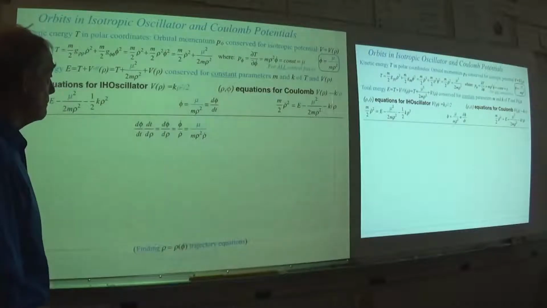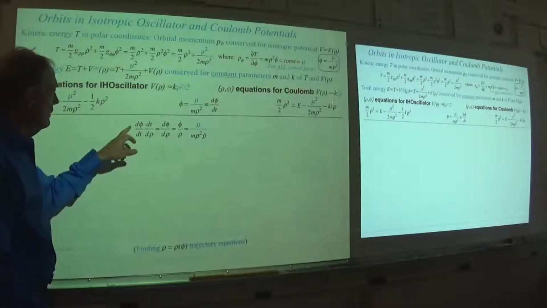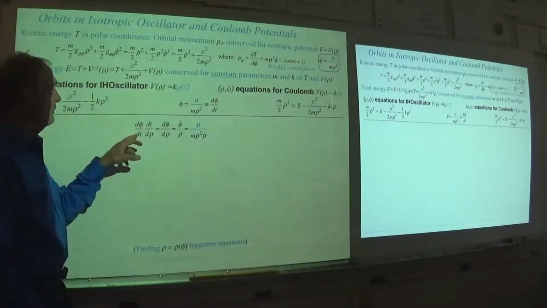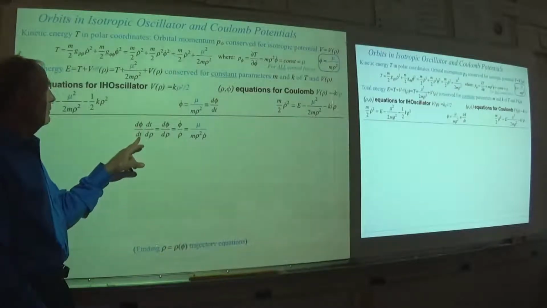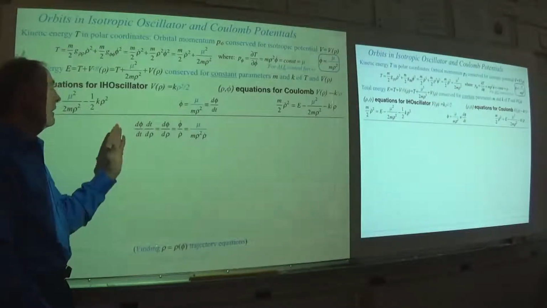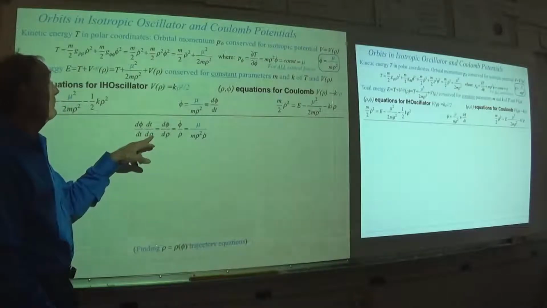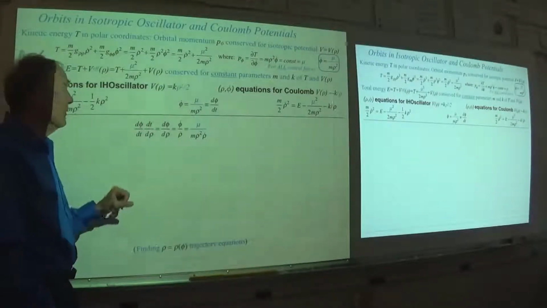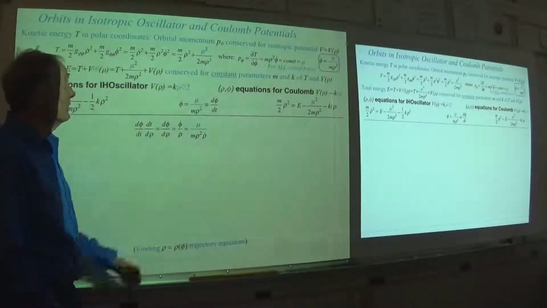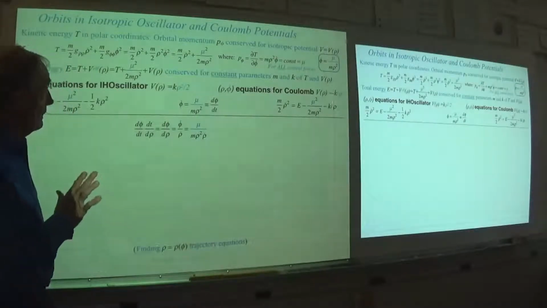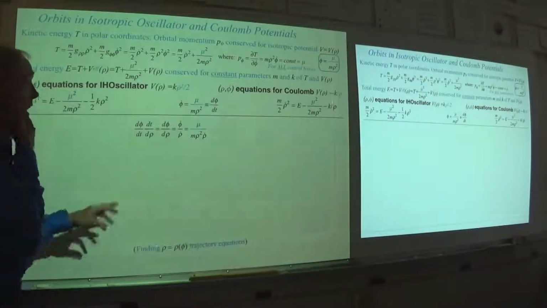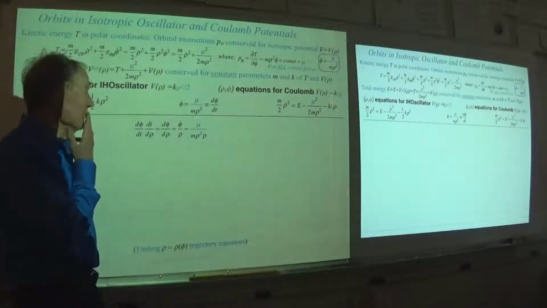Anyway, I'm going to change radial derivatives of the angle with respect to time times an inverse of a derivative of the radius with time, just into an equation that involves only the angle and the radius dot, total time derivative.